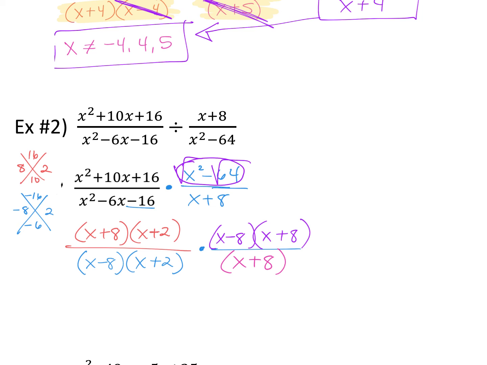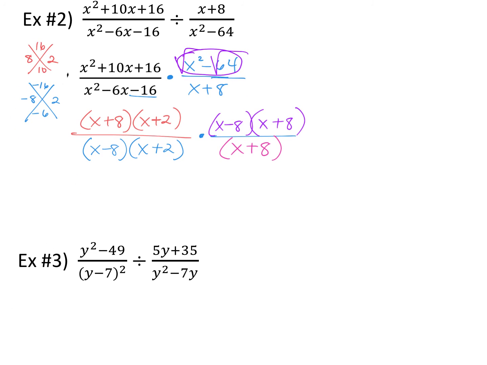Okay, restrictions. What are you using to find your restrictions? The bottom half of the first one, the entire second one, right, is where your restrictions are going to come from. So we're going to say x does not equal, what would this be? Positive 8, this.